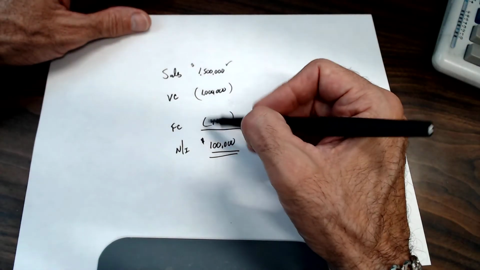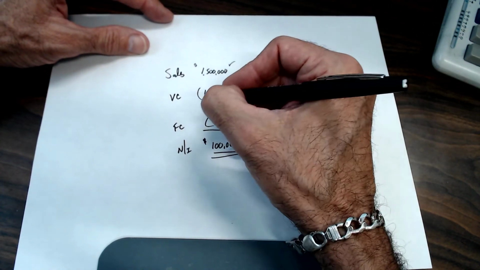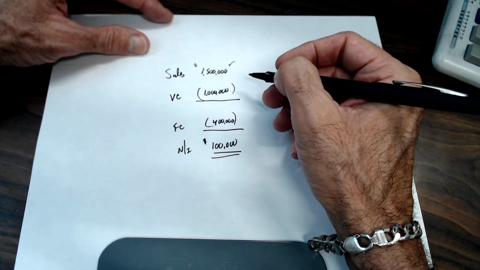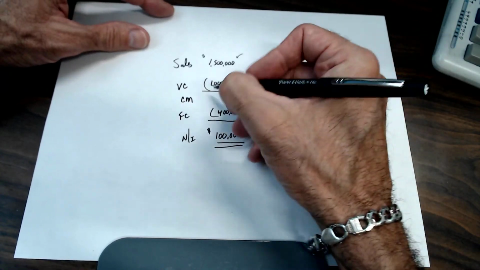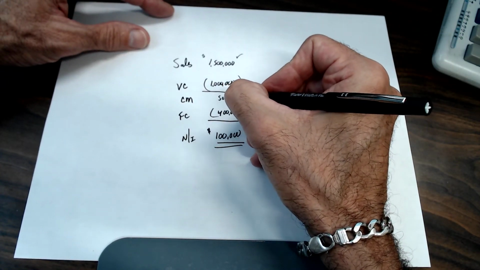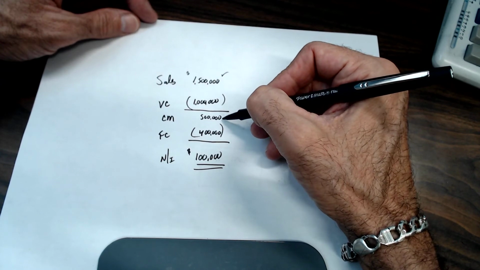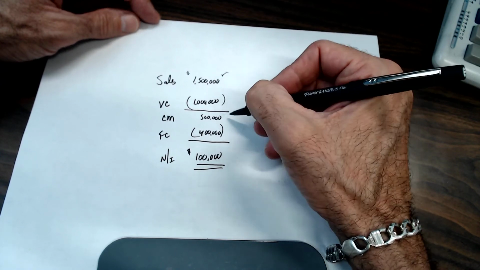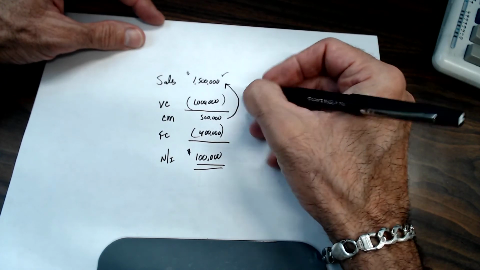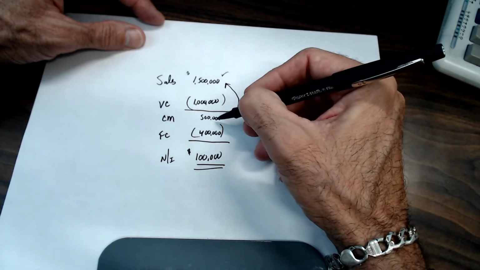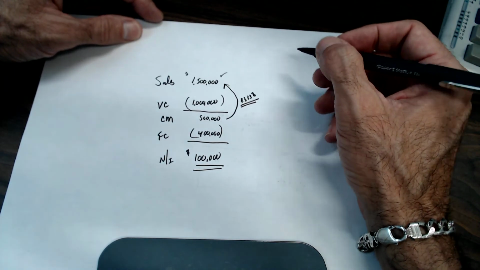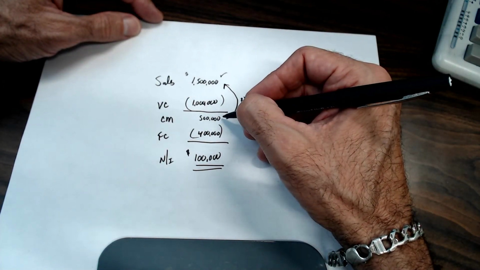Now again, we don't have per unit data, so I'm going to have to work with the contribution margin ratio. At this level of sales, I'm actually making $500,000 after covering variable costs. That ratio is 33.33%. 500,000 divided by 1.5 million, it's 1/3.